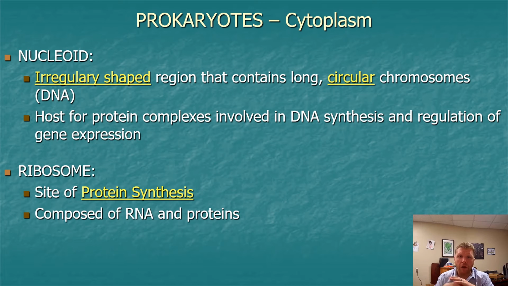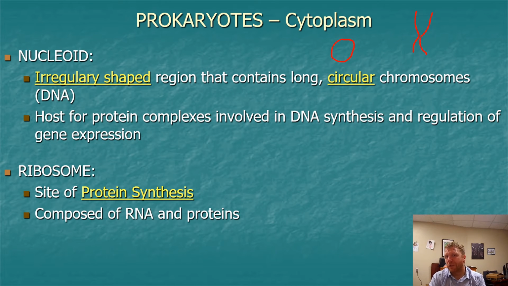The nucleoid is an irregularly shaped region that contains long circular, keyword there, circular chromosomes. And the reason that I say it's a keyword is because I personally have a tendency to think of chromosomes as the human chromosomes, whereas we're talking about a prokaryote here, in which case you have a circular chromosome.